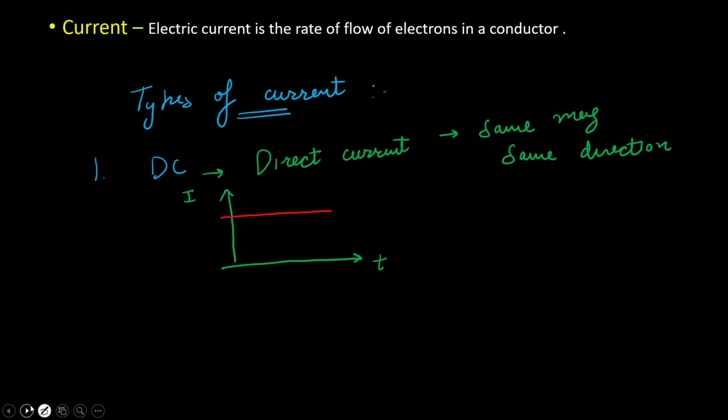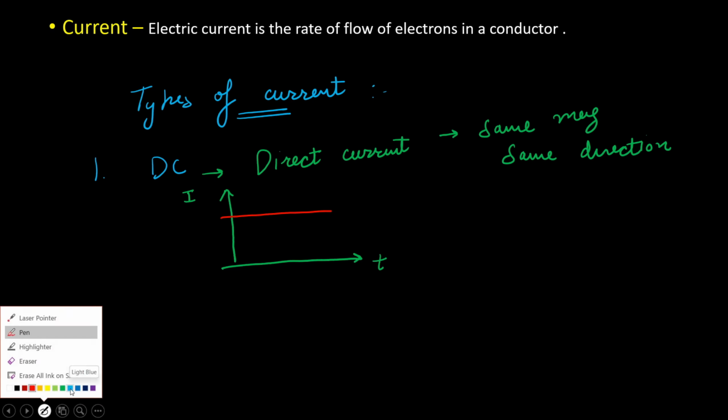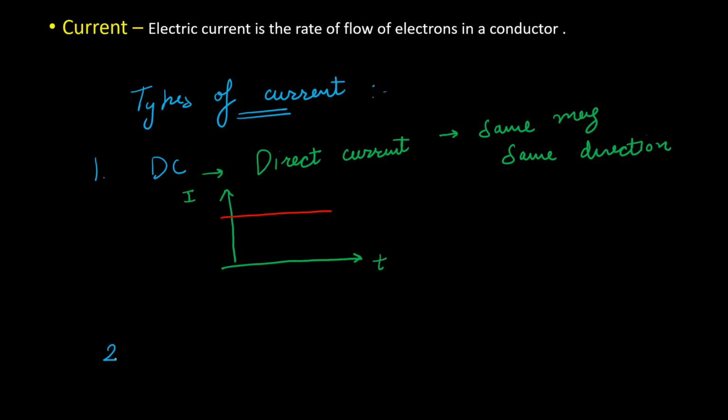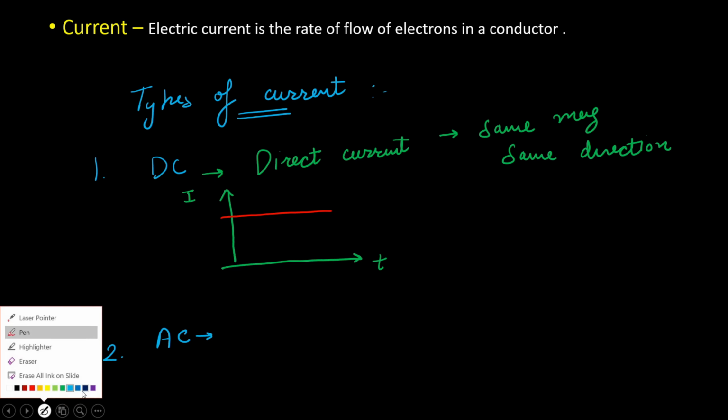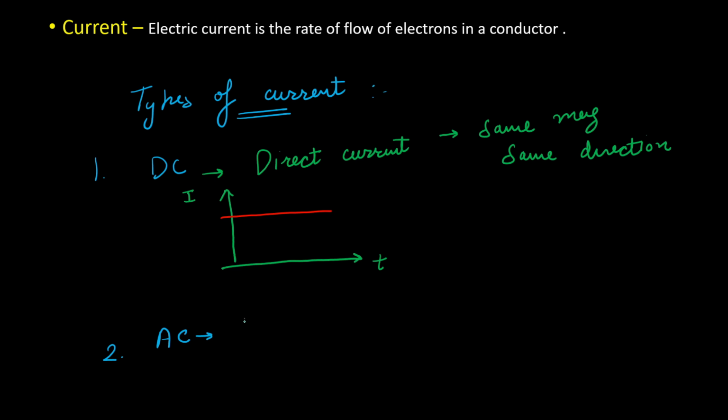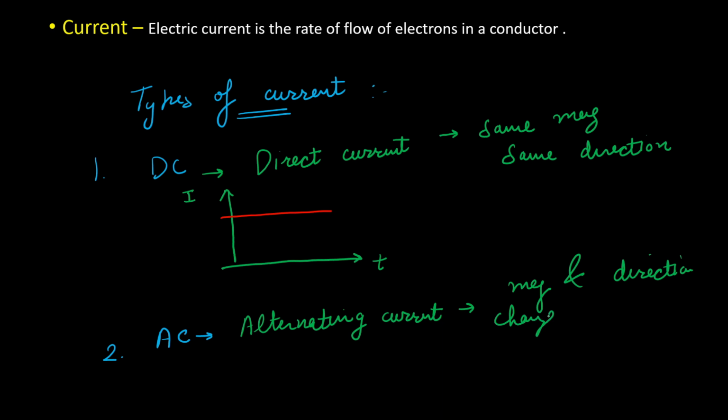The second one is AC, or alternating current. What are the properties of alternating current? Its magnitude as well as direction constantly change with time, and that is termed alternating current.